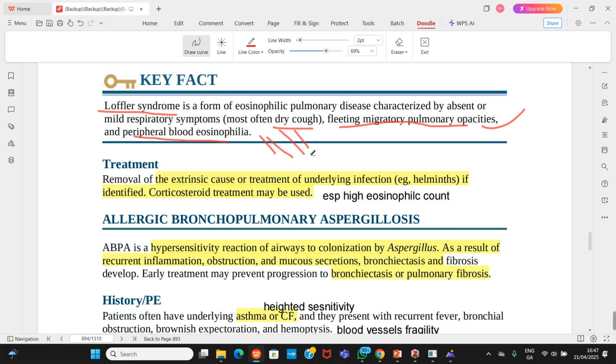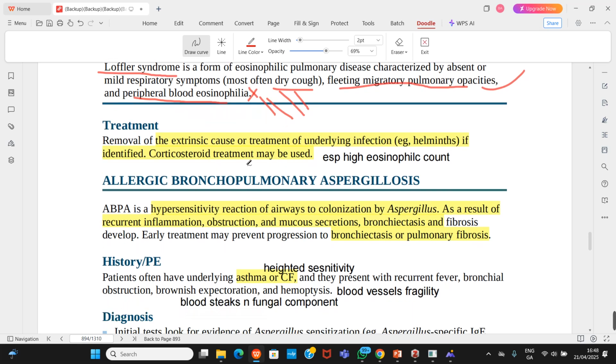It can cause intestinal obstruction, diarrhea, malnutrition, but have a high index of suspicion if you are seeing fleeting migratory pulmonary opacity with peripheral blood eosinophilia. Think about Loeffler syndrome. Now, somebody might ask me, when we were talking about COP, we said there's going to be fleeting or migratory pulmonary opacity, but COP is not going to cause peripheral blood eosinophilia. So that's a way to rule that out.